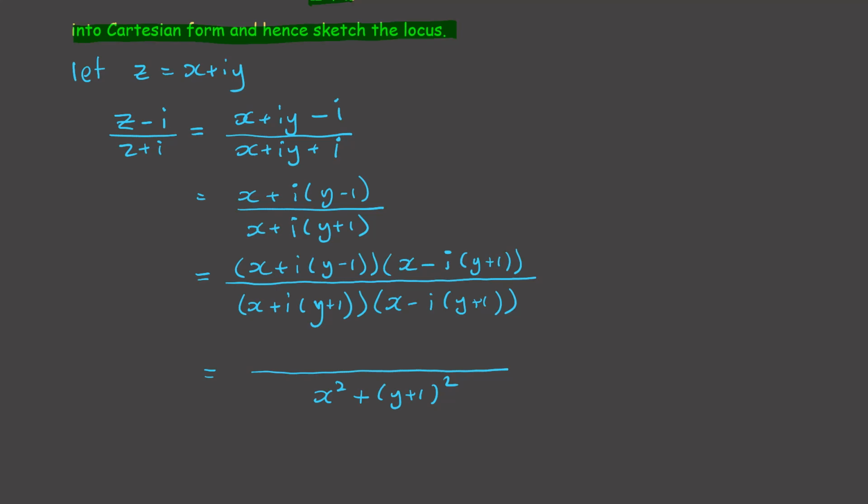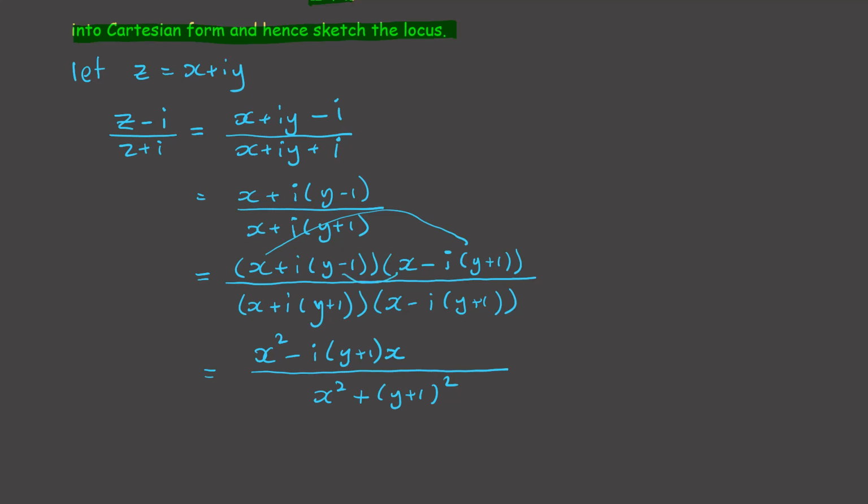And for the top we have x squared, plus we're going to do x times that one, so that is minus i(y plus 1)x.